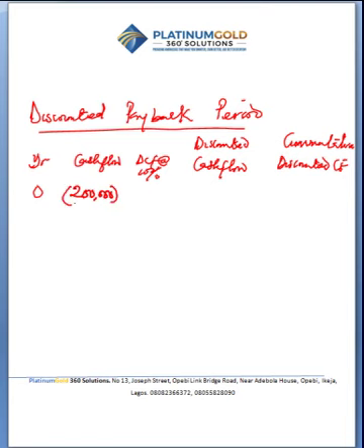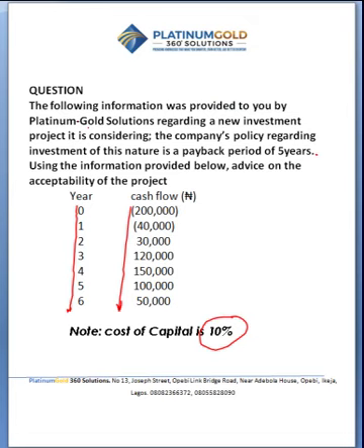Anything raised to power 0 is actually 1, so the discounted cash flow is 200,000, meaning that 200,000 is what is needed to be recovered. In year 1, 40,000 realized. The discount factor is 0.909. So if we multiply this, 40,000 was actually negative, I think.